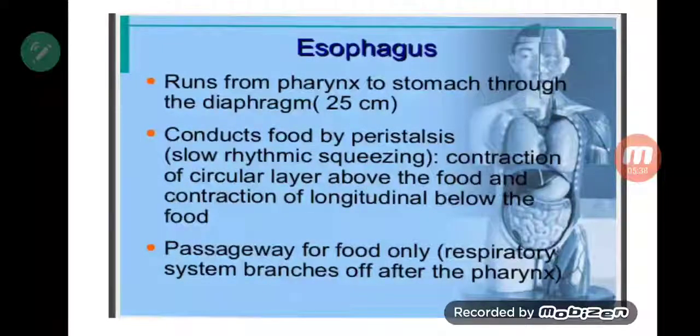The esophagus runs from the pharynx to the stomach through the diaphragm. It is 25 centimeters in length. Peristalsis is the characteristic movement of the esophagus.